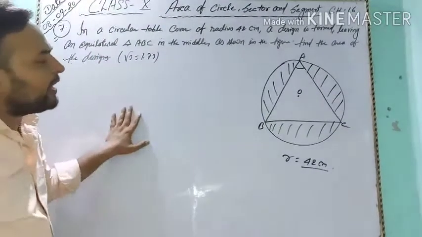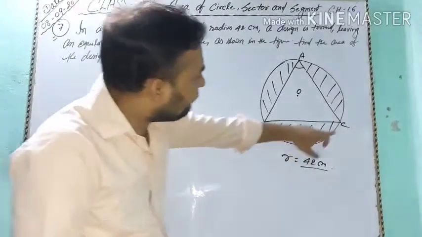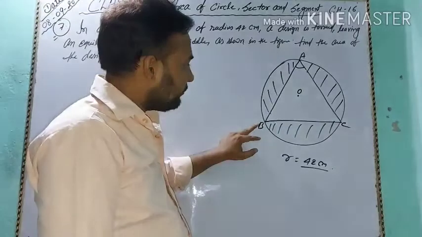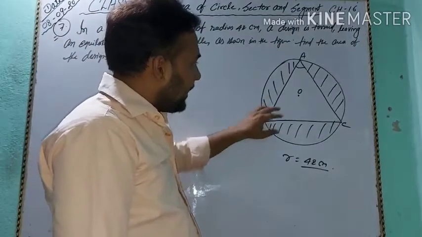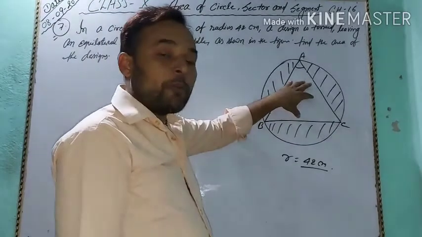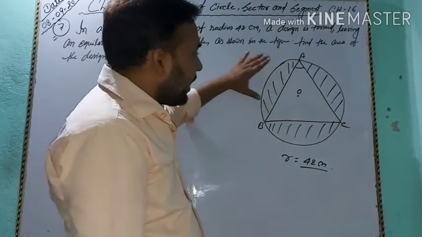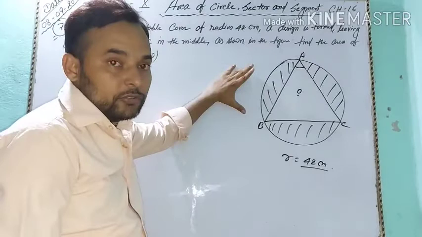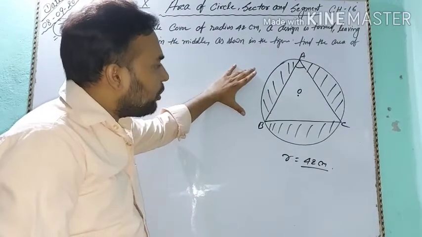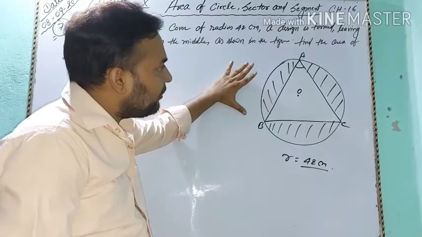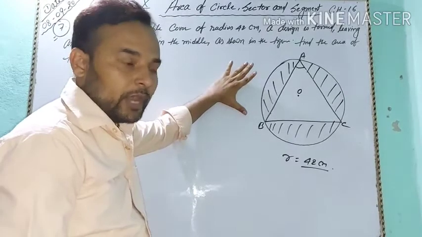Area of the shaded design equal to area of the circle minus area of triangle ABC. Area of an equilateral triangle ABC. First of all find the side of the triangle ABC, an equilateral triangle.